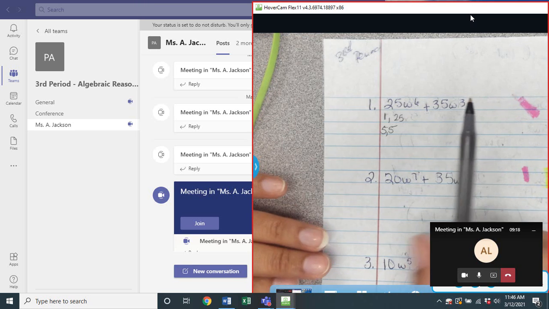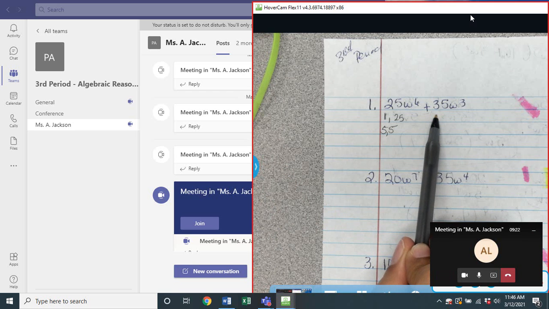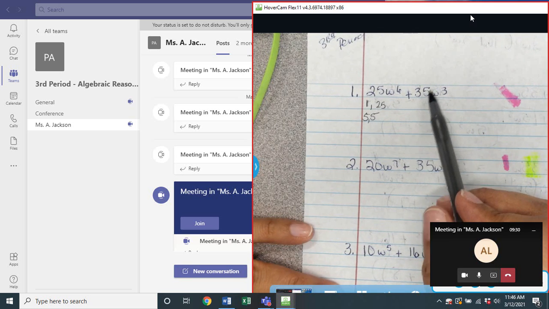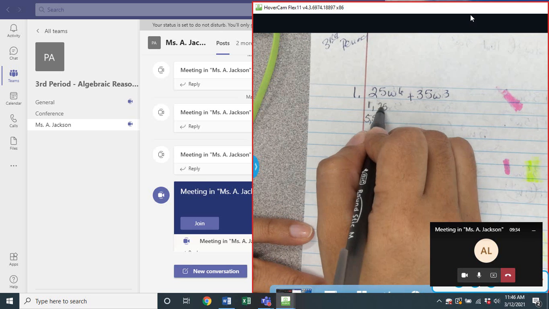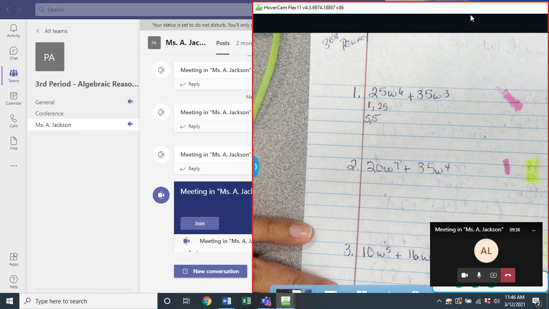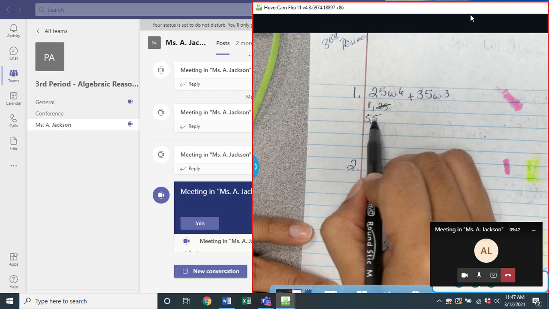Okay, so you say the 25 factors in 35. What did you get when you divide 35 by 25? Is that even? So 25 won't work, right? How about 5? Would 5 go even?